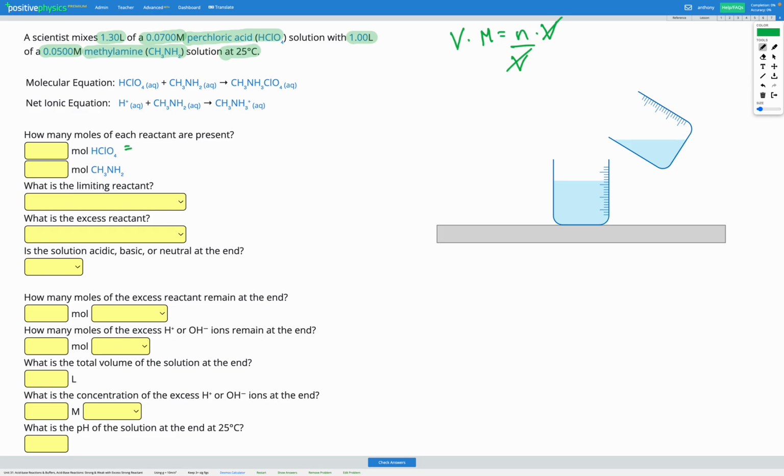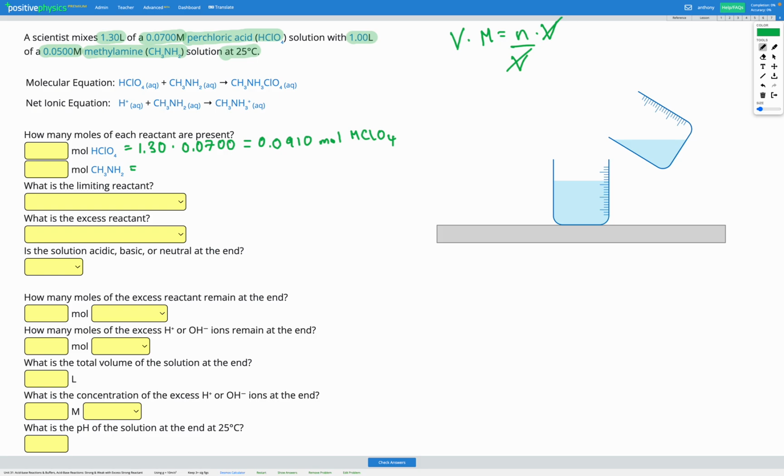So let's do that here. For HClO4, our volume is 1.30 liters and our molarity is 0.0700 molar. If we multiply those together, we get a number of moles of 0.0910 moles of HClO4.